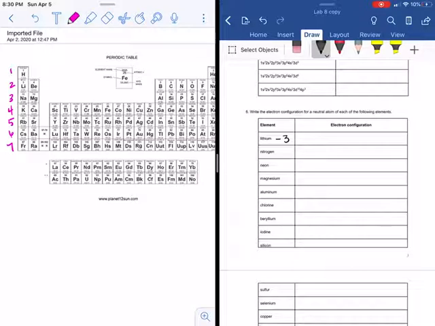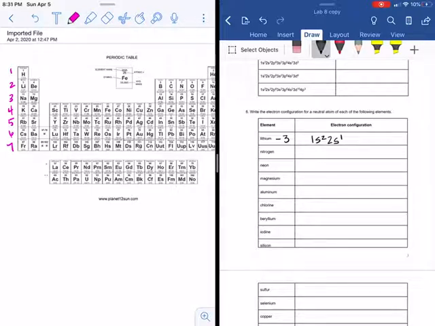That's where it has the SPD stuff. So you either need to use your periodic table or that funny looking arrow chart. So lithium would be 1s2, 2s1. Nitrogen is number 7.